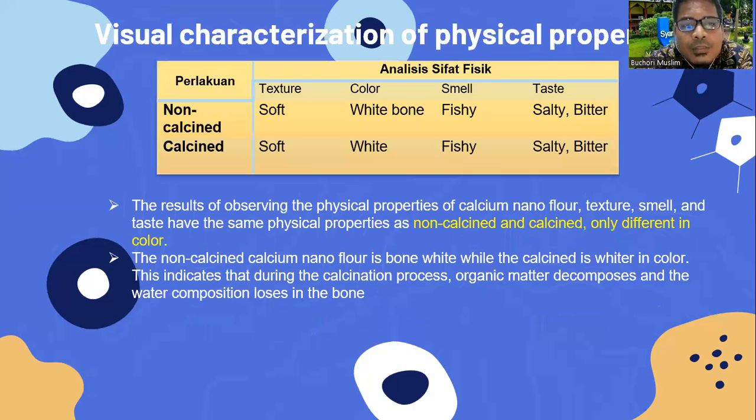And the next slide, this is a table of visual characterization of physical properties. The result of observing the physical properties of calcium meal: texture, smell, and taste have the same physical properties in non-calcined and calcined, only different in color. The non-calcined calcium meal is bone white, while the calcined is whiter in color. This indicates that during the calcination process, organic matter decomposes and the water composition loses its bond.